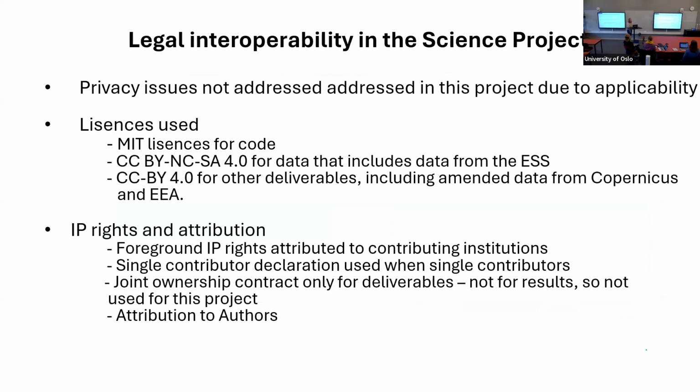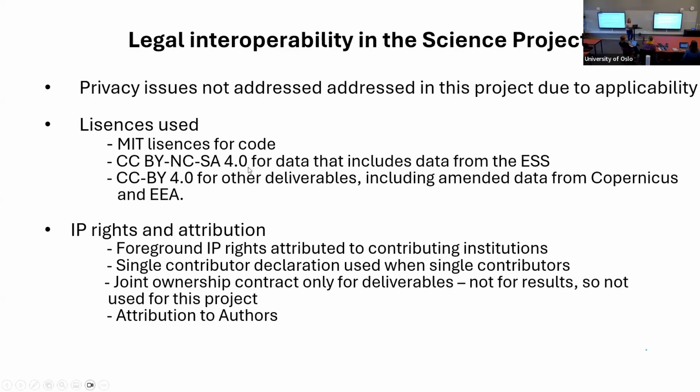And about legal interoperability, privacy issues were not addressed in this project because we had bigger regions, so that was not a problem for us. We used open licenses as EU projects require that, MIT for code and CC BY for other deliverables.